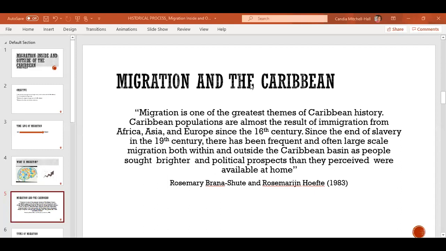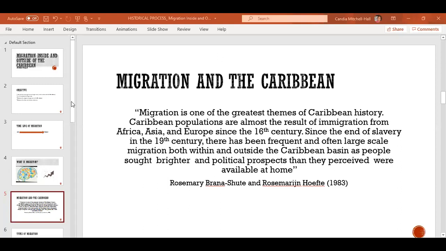All right, very good. So one of the things that these scholars would have argued is that migration is one of the greatest themes of Caribbean history. The Caribbean is about migration. All of us came here on a ship, and back then we would have gone elsewhere, either on a ship or on a plane. Especially people of Afro descent, we have not stayed on the island on which they would have brought us, but some of us would have gone to several different islands to settle.